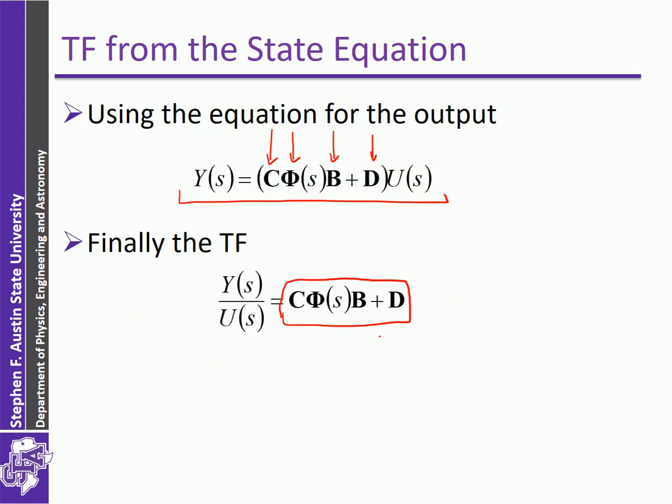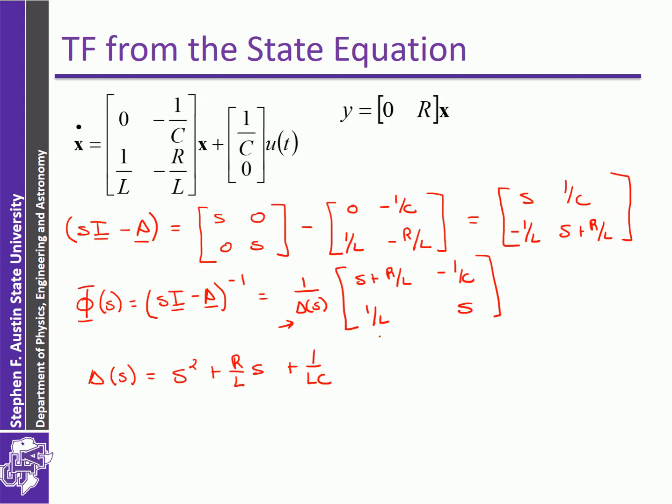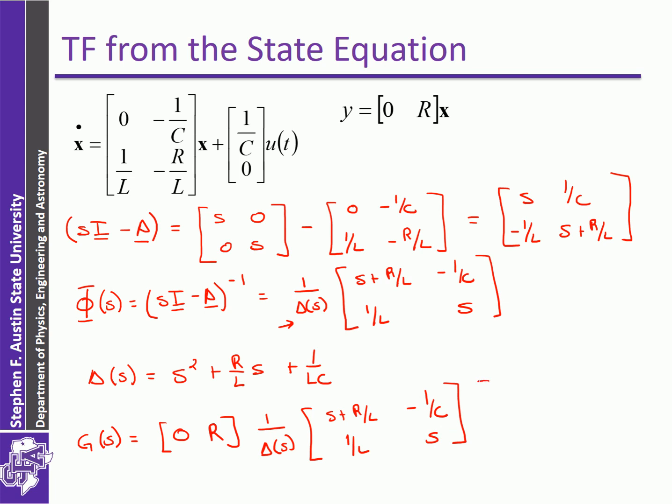We use this expression: C times the state transition matrix times B, plus D. In this specific case, our transfer function G of S will be equal to the vector C, 0, R, times my state transition matrix, that is 1 over delta of S, times S plus R over L, 1 over L, minus 1 over C, and then S, multiplied by my vector B, that is 1 over C, and then 0.